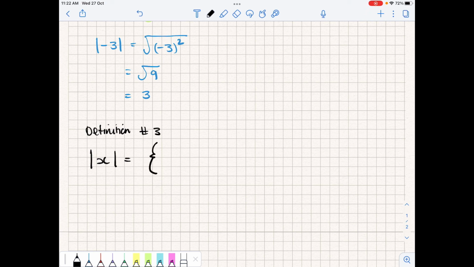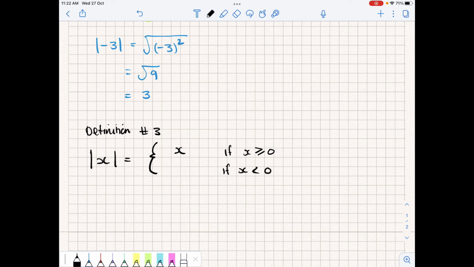So we're going to have multiple scenarios for x depending on what its value is. So let's say if x is greater than or equal to 0, right? So if, in other words, if x was a positive number, then the absolute value of x is just x. But if x was less than 0, right?